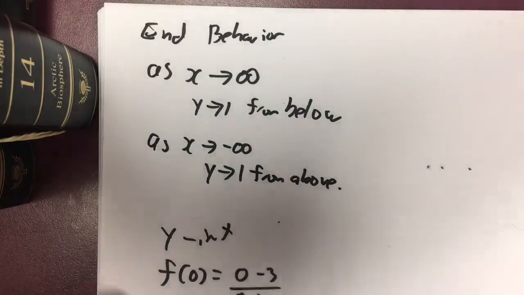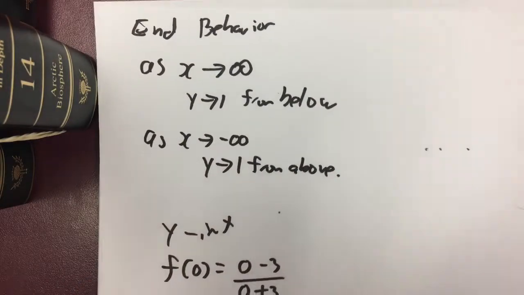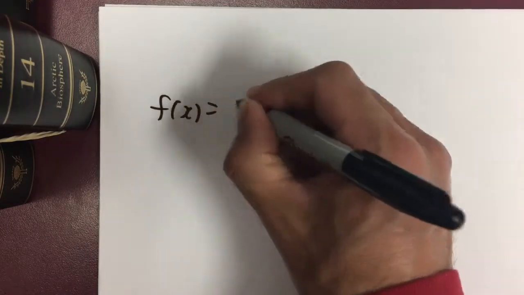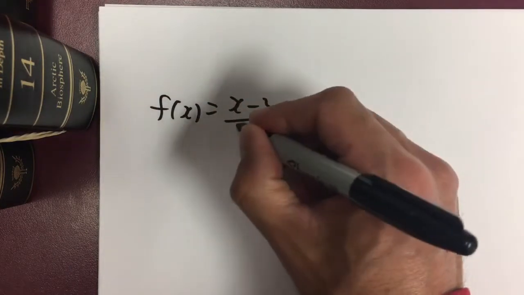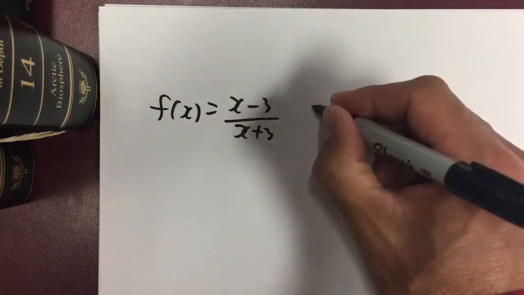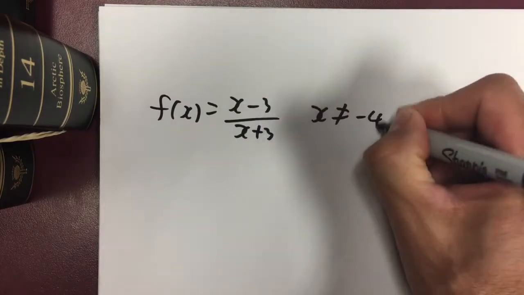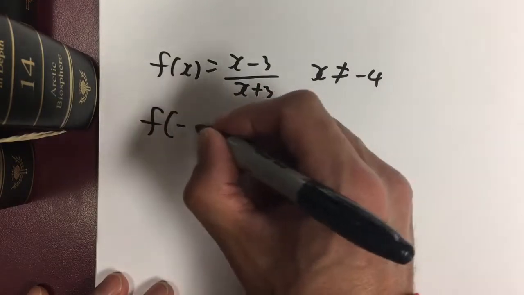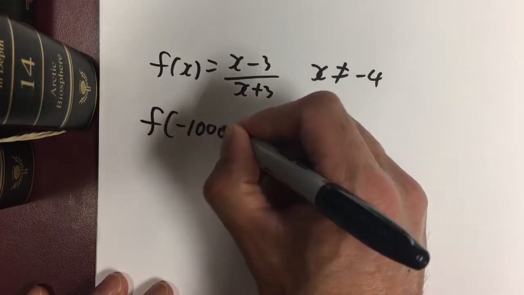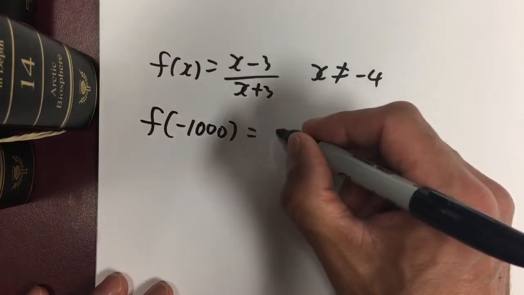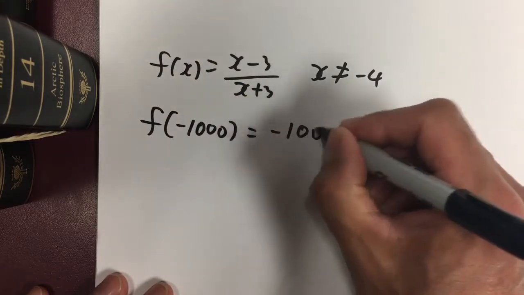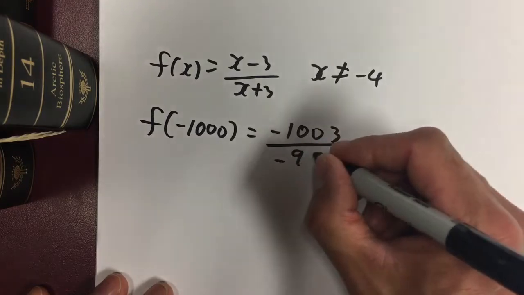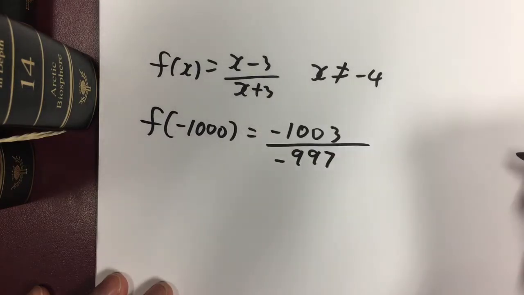How do we know it's from above? Remember, f of x is equal to x minus 3 over x plus 3 as long as x is never equal to negative 4. So if we put in large negative values, let's say negative 1,000, we get negative 1,003 divided by negative 997.